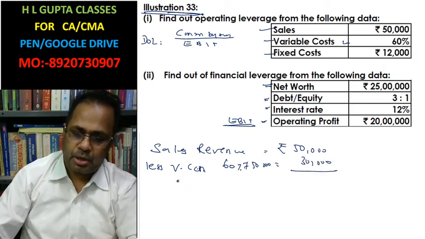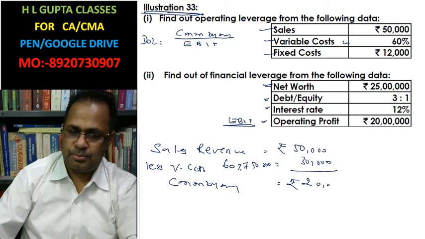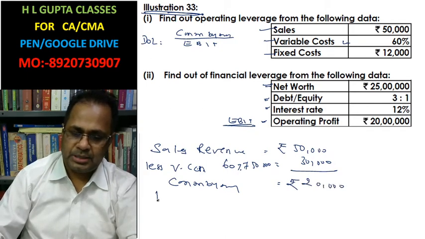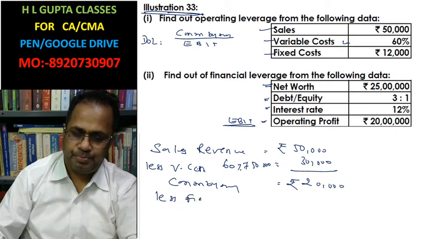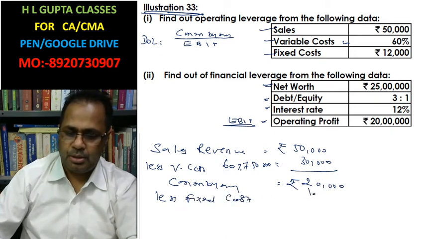Now, contribution you will have. Contribution is rupees 20,000, less fixed cost. Fixed cost is given, this is 12,000.